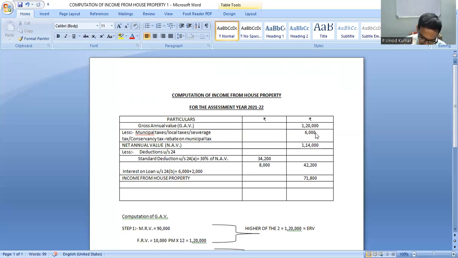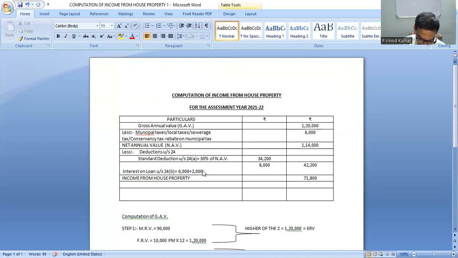Now interest on housing loan due is 2,000. Even if it is due, you can allow deduction for interest on housing loan. Now he paid 24,000 interest on housing loan. This is 1,20,000. Then how much has he paid as interest on housing loan? He has paid 24,000 initially.